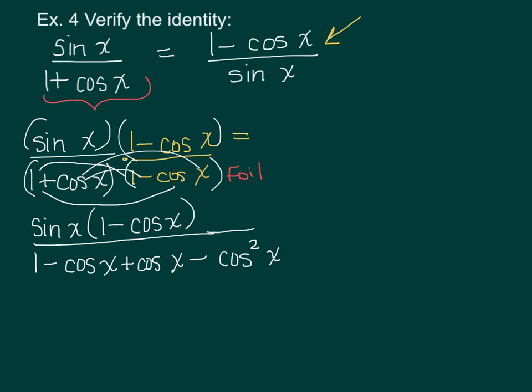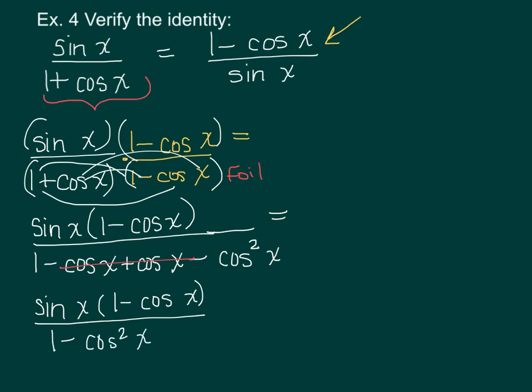So if you notice, these two terms in the middle are going to cancel. And you're going to be left with still your numerator. And on the bottom, you have 1 minus cosine squared x. Well, if you look at your fundamental identities, that's a Pythagorean identity.